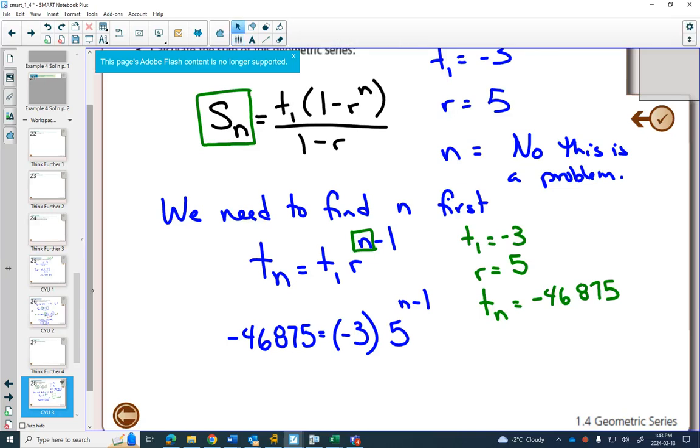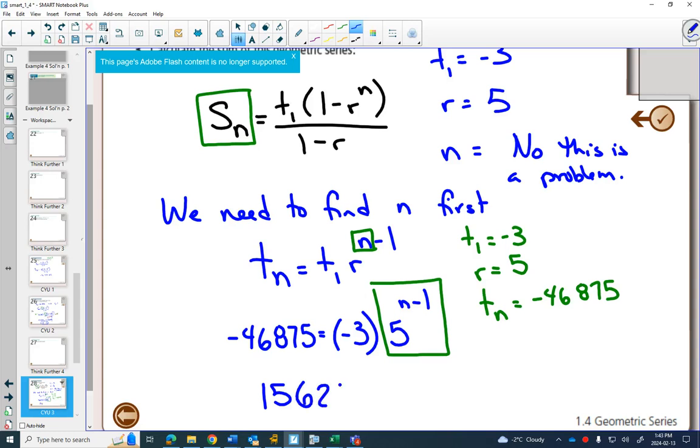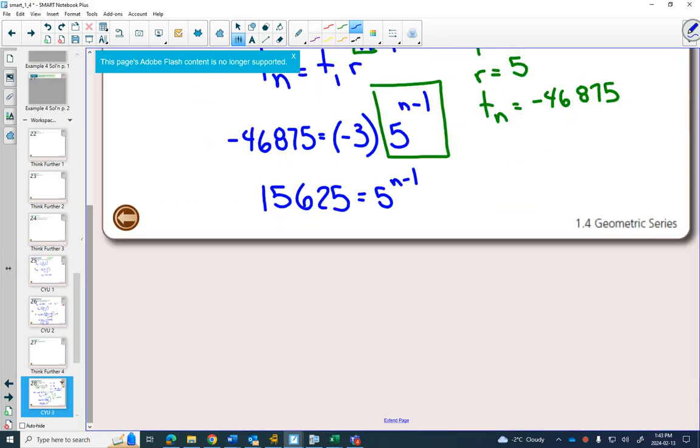The strategy for these ones is we're going to get this power where the n is by itself. So I'm going to divide both sides by negative 3. And I get 15,625 equals 5 to the n minus 1.